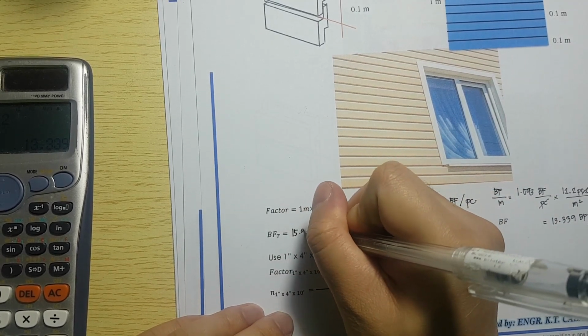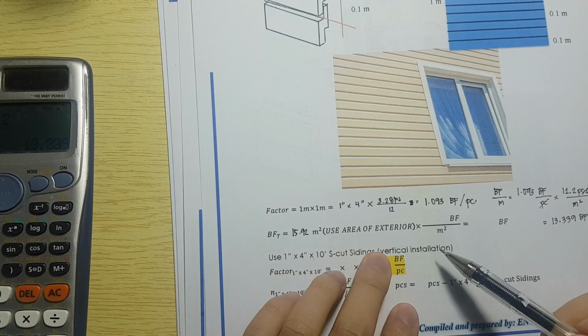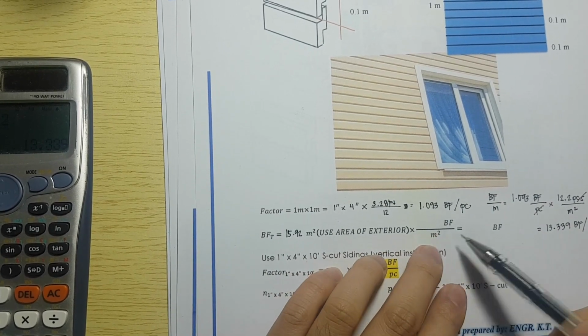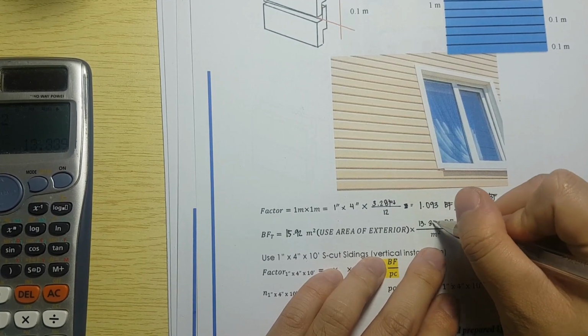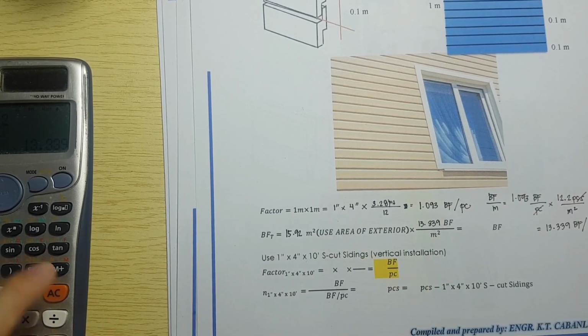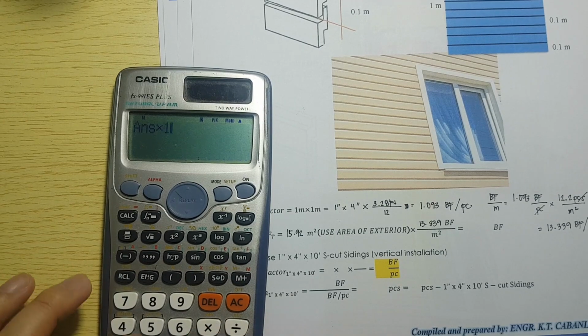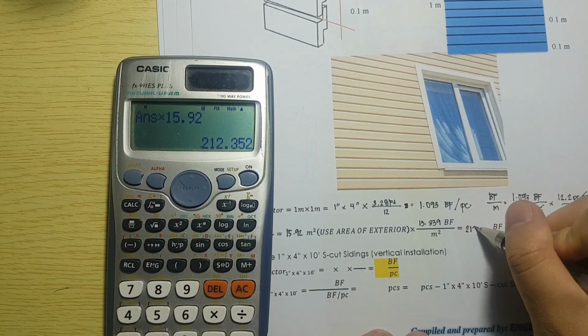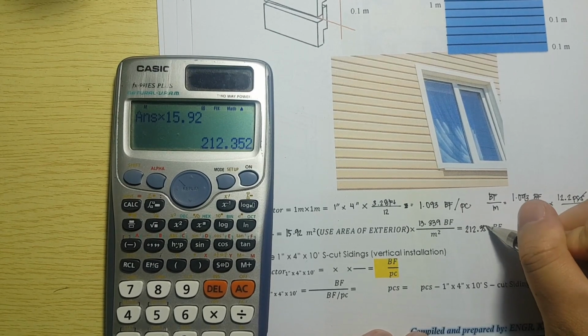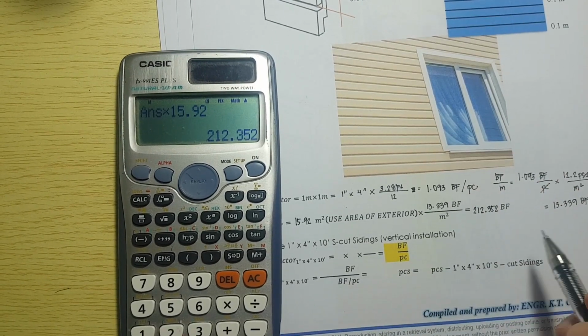So 15.92 square meters times 13.339 board foot per square meters. So times 15.92, that is equivalent to 212.352 board foot.